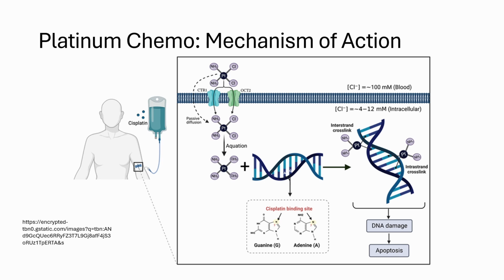And this results in a highly reactive platinum compound, which then goes to bind to DNA and cause structural problems to the DNA. For example, it causes crosslinks and adducts. Eventually, this structural problem causes issues down the road within the cell with DNA replication and repair, and eventually the cell dies.